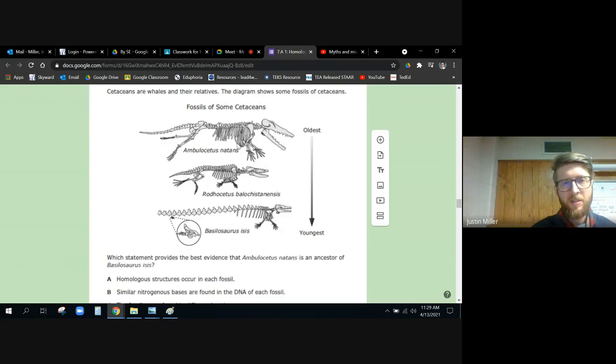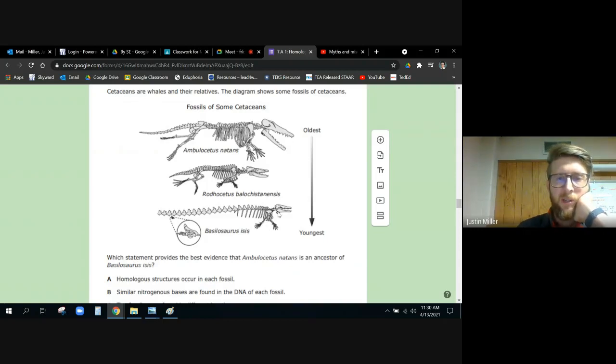So Natans and Isis, what is the best evidence that this is the grandchild of this one up here? What similarities do you see between the top one and the bottom one? What body parts look similar in the top one and the bottom one?